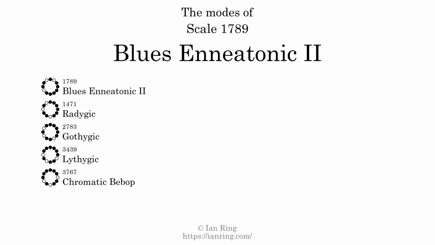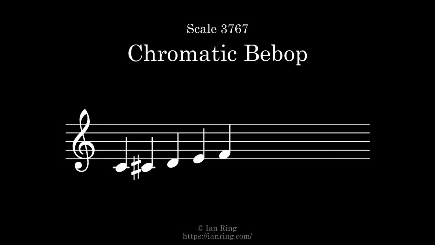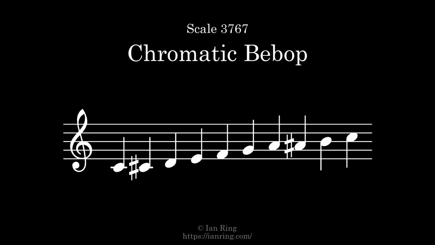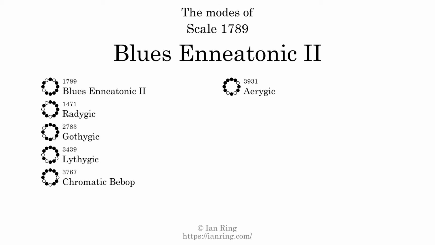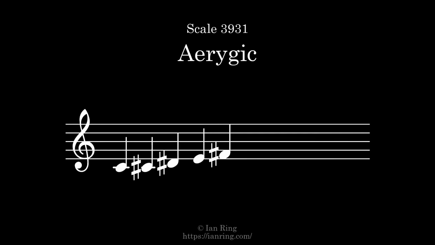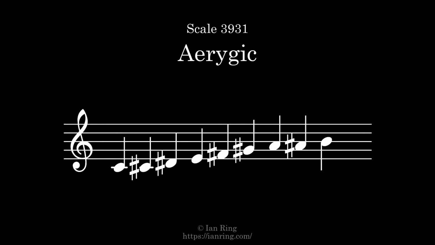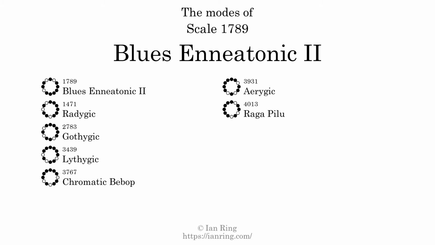The fifth mode is scale 3767, also known as chromatic bebop. It sounds like this. The sixth mode is scale 3931, also known as erigic. It sounds like this. The seventh mode is scale 4013, also known as raga pilu.